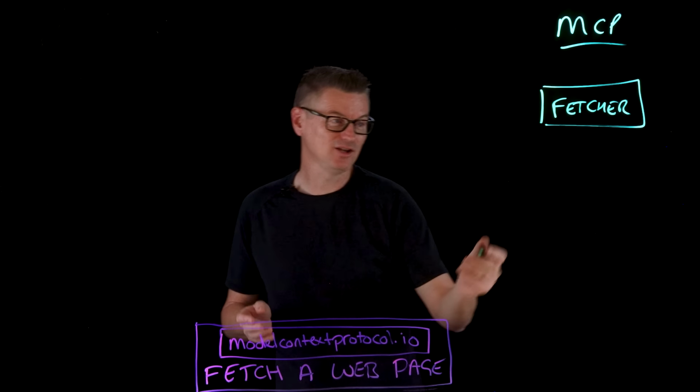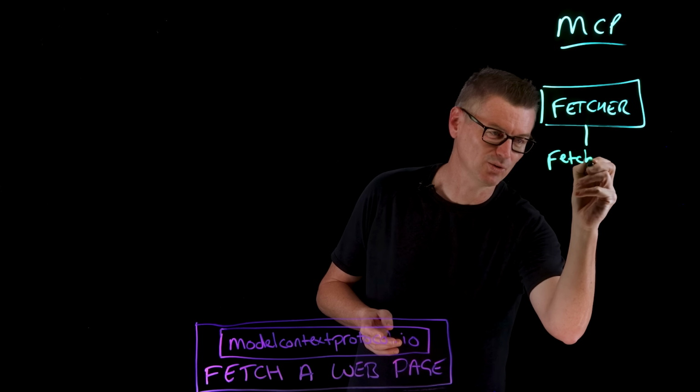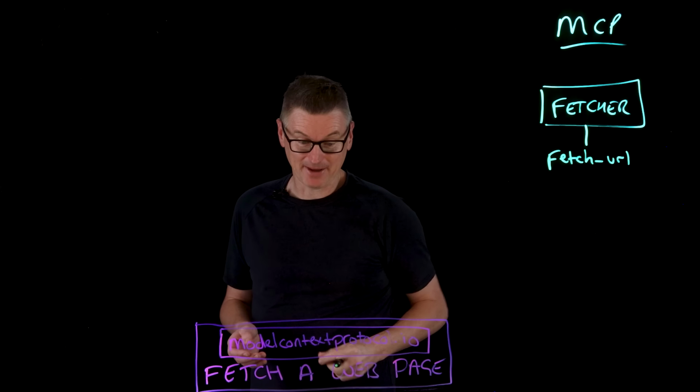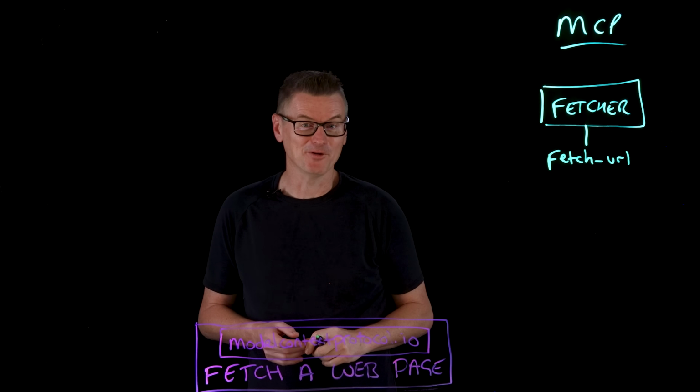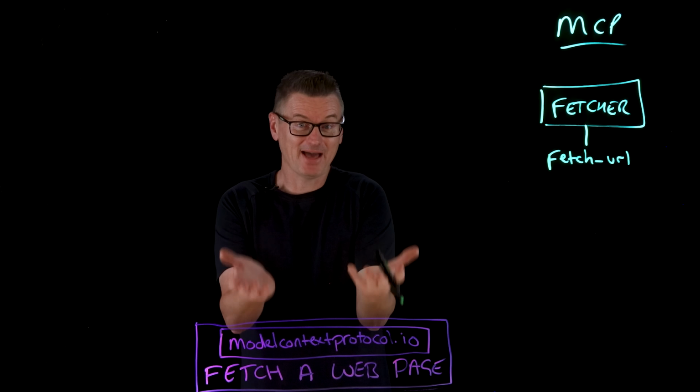Now, this is an MCP server built on a headless browser, so it can render JavaScript. And it made a single request using one tool that Fetcher has available, which is simply called fetch URL, and that had a link to the web page, modelcontextprotocol.io. So the server launched a browser, loaded this page, waited for it to render, converted the result to readable text, and then handed back the content.